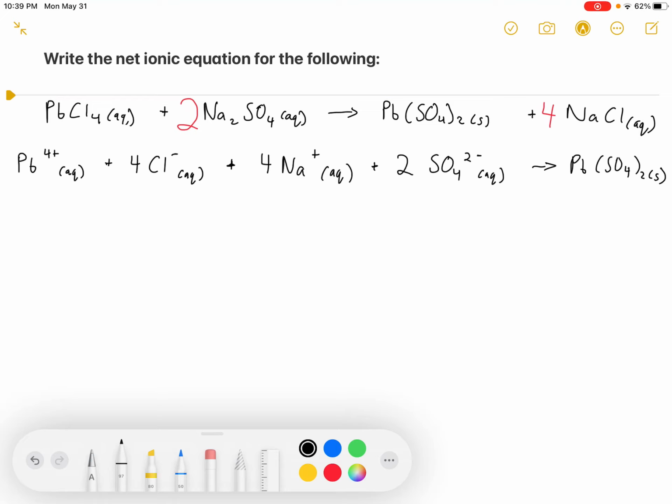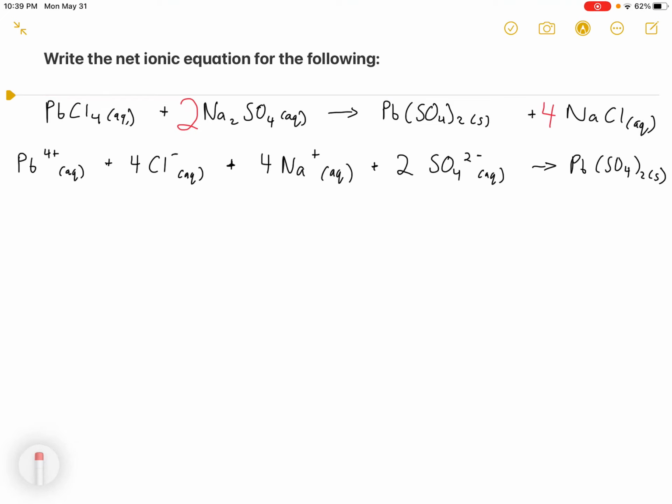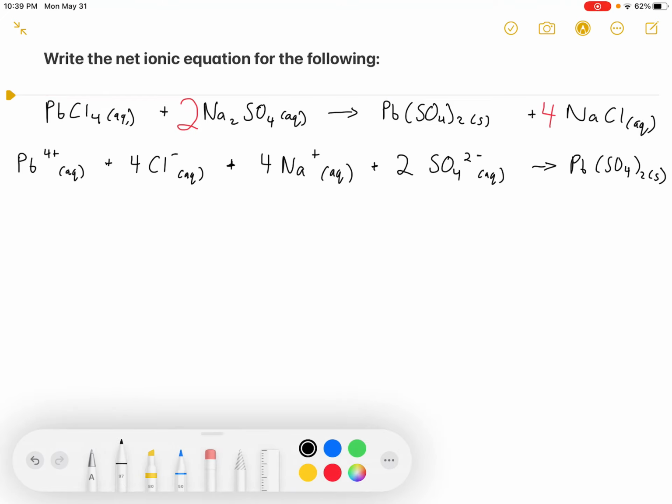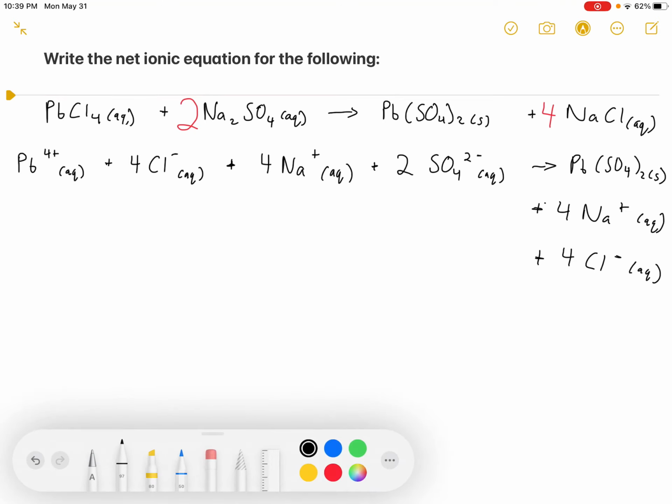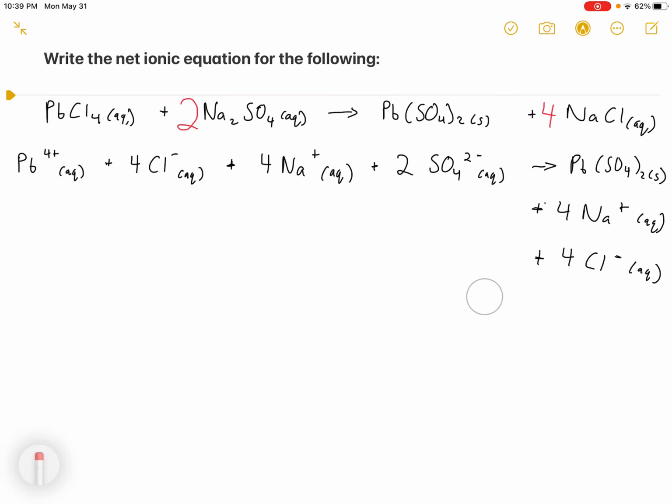And because there are 4 sodium chlorides, we're going to have 4 sodiums and 4 chlorine anions. And again, I'm just writing it like this for the sake of room on the screen here.